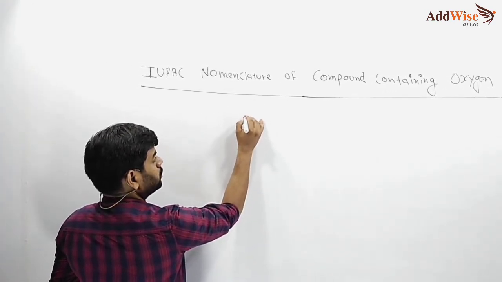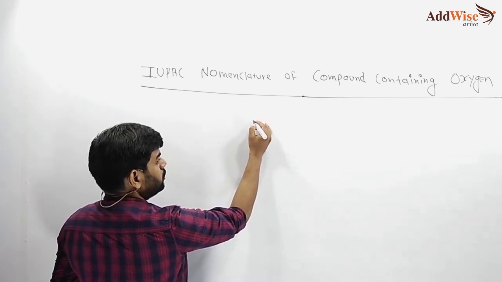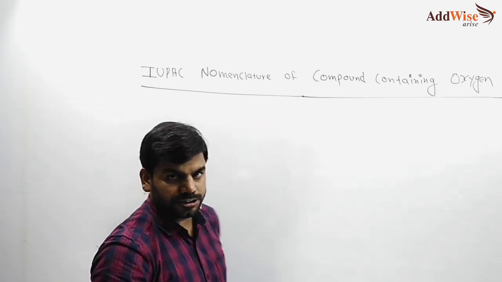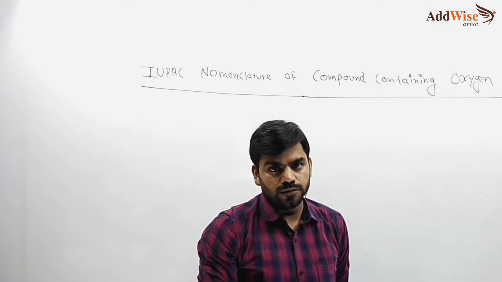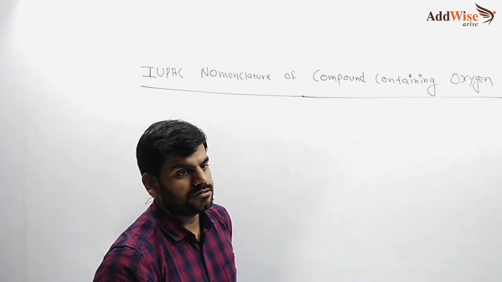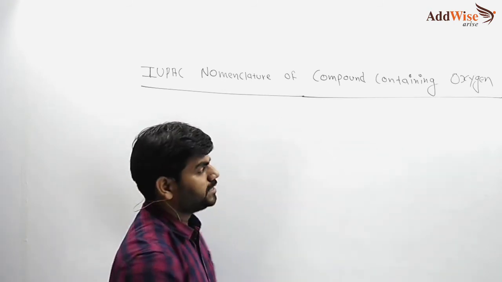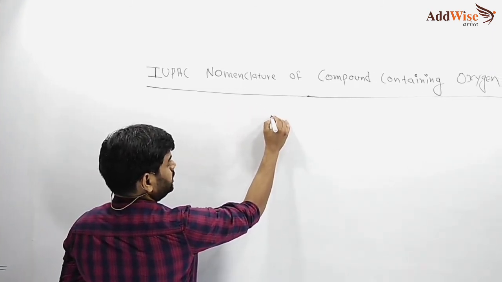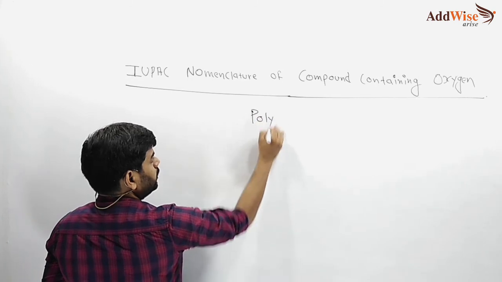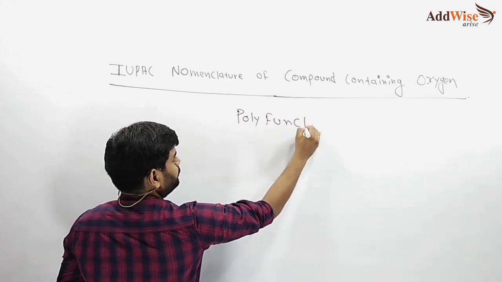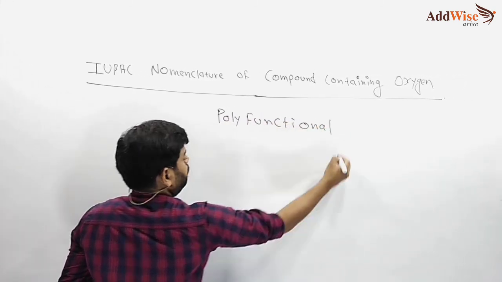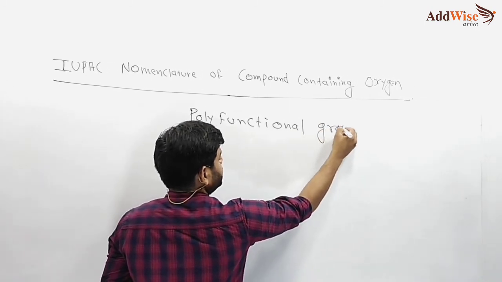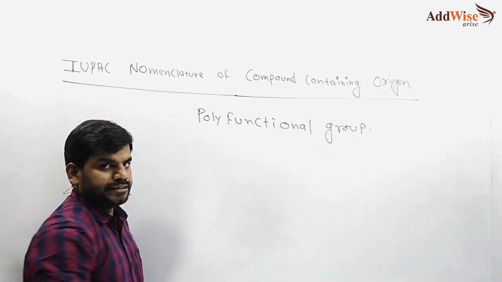If there are two functional groups, it is difunctional, then trifunctional, and more than that is called poly, like tetra and penta. Exactly. Now we'll study some compounds containing polyfunctional groups, meaning more than one functional group present in that compound.